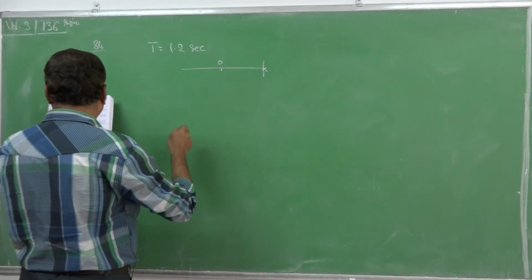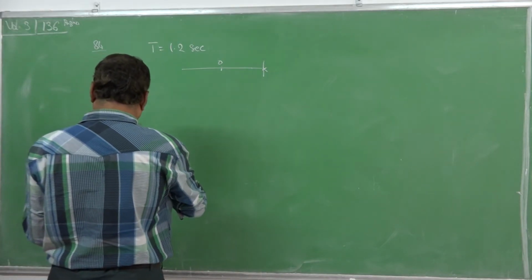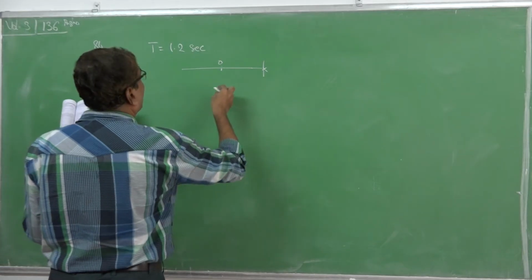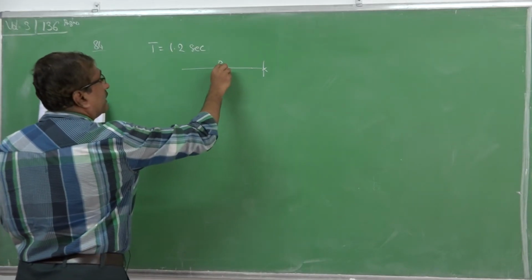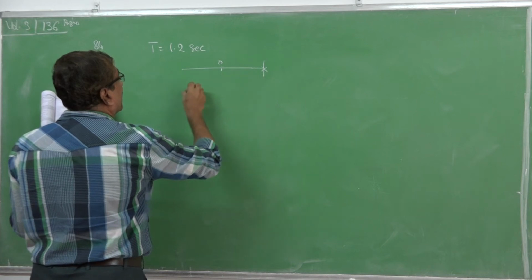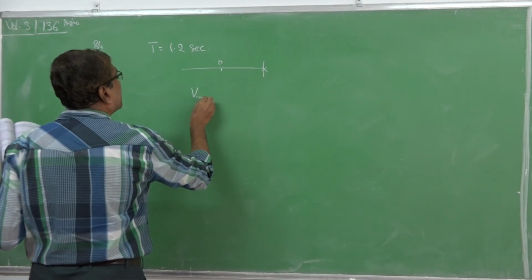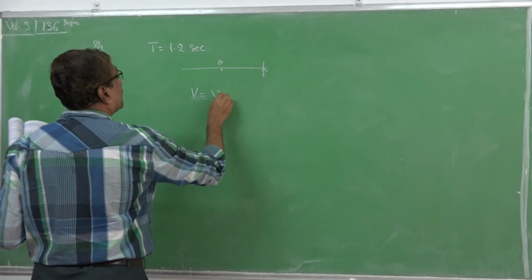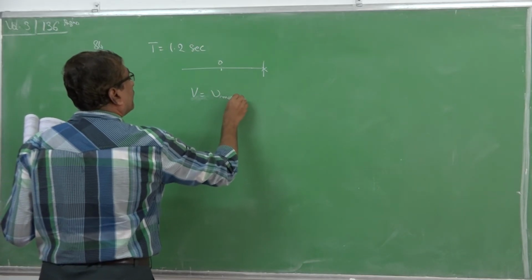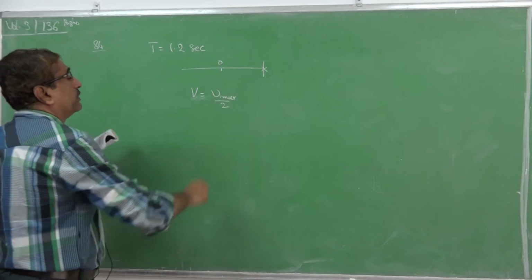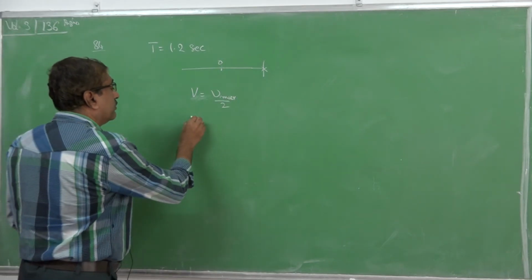Now the velocity is V max by 2. We have to find the particular position where it is. So V is equal to V max by 2.